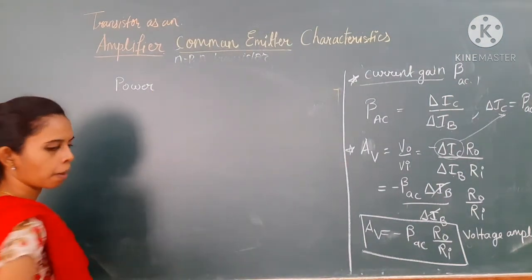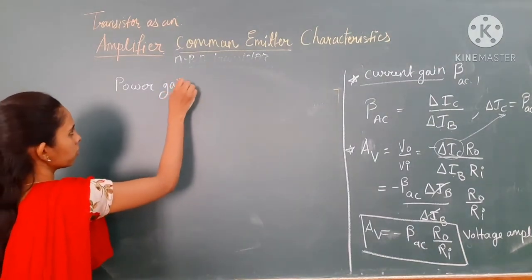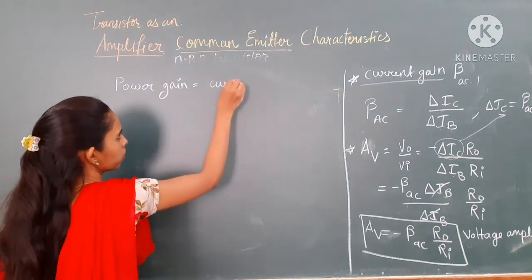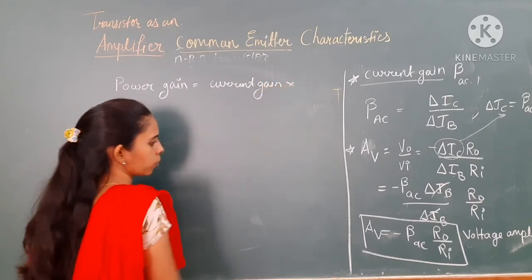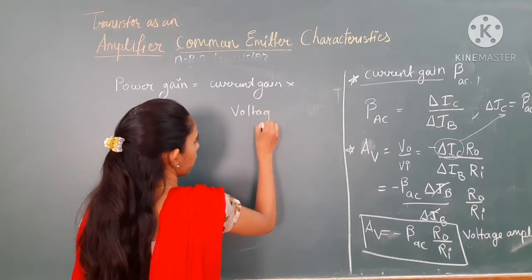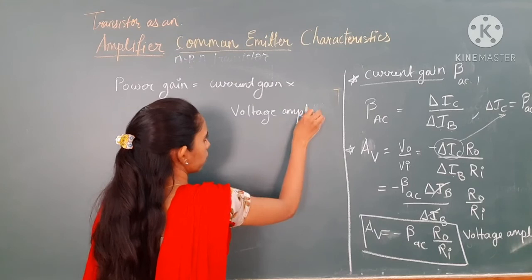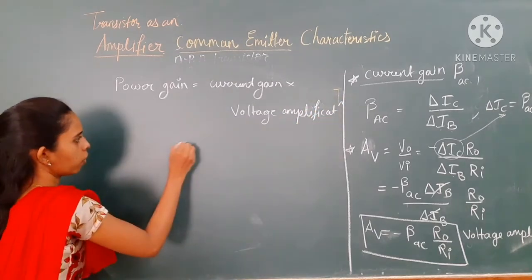But in this case, what will be the formula for power gain? Power gain is equal to current gain into voltage amplification. What is current gain?